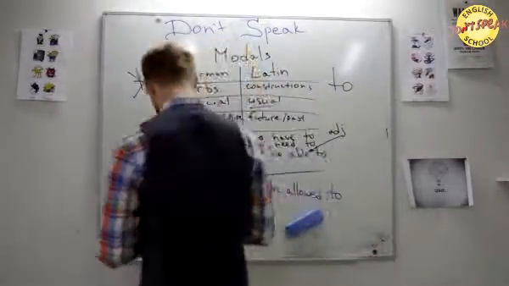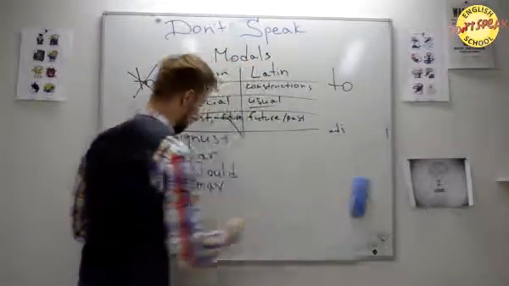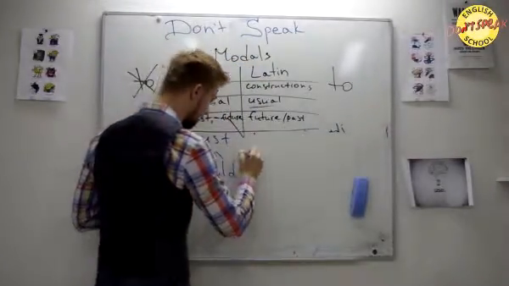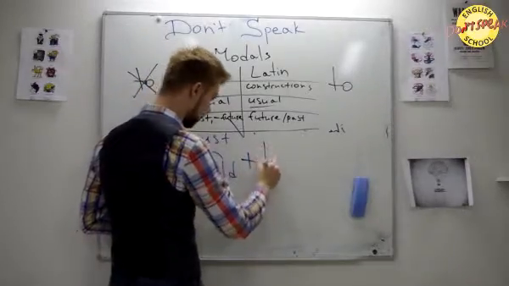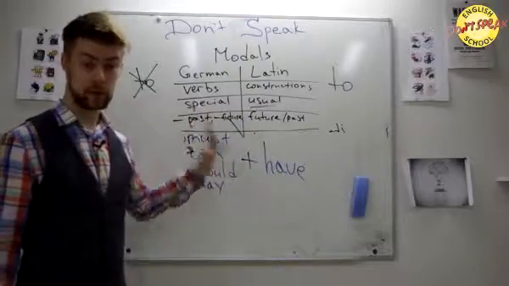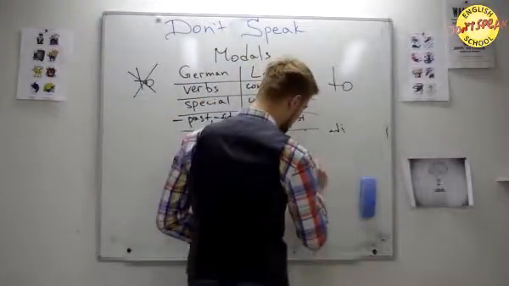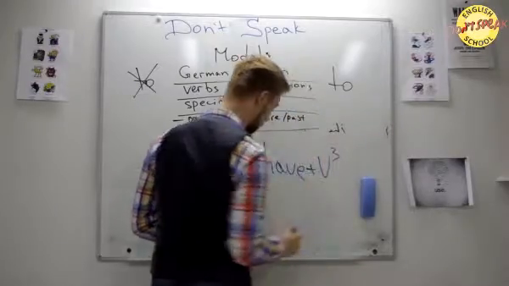We take a verb in its original form, and we add "have" with no changes, always careful: "she should have," not "she should has," and a verb in the third form.